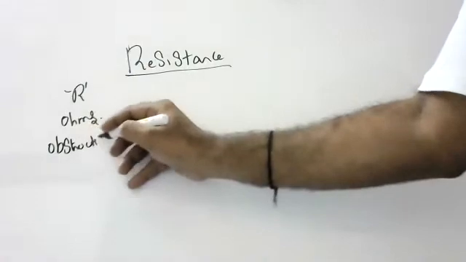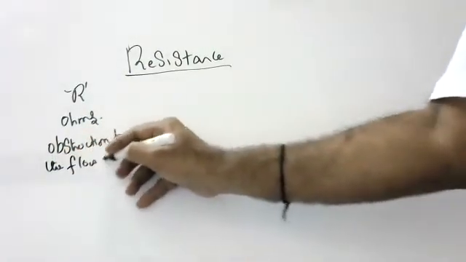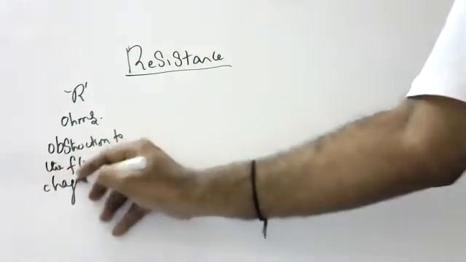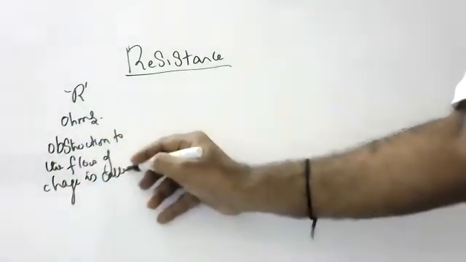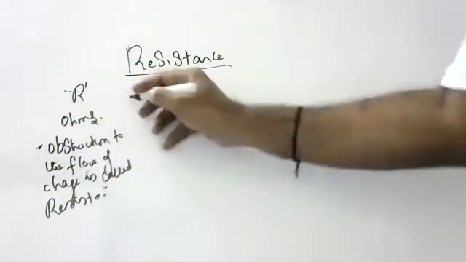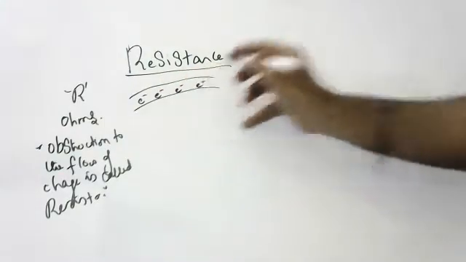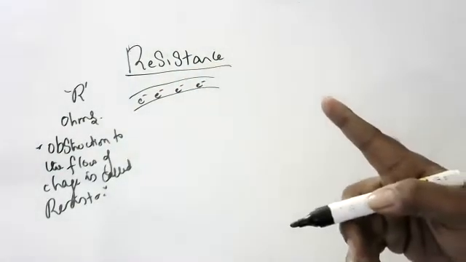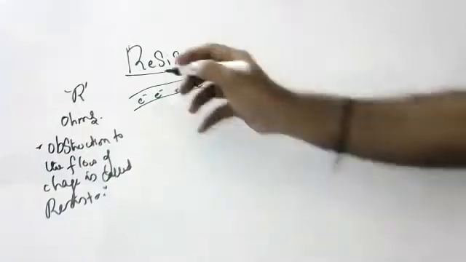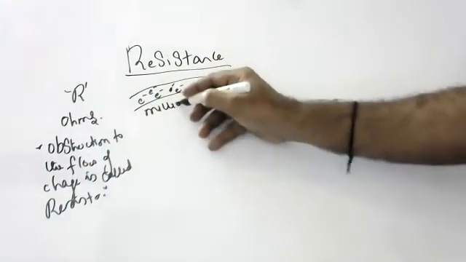Obstruction to the flow of charge is called resistance. Children, listen, in a wire, if electrons are moving, current is going. One or two electrons won't go, millions of electrons will go.